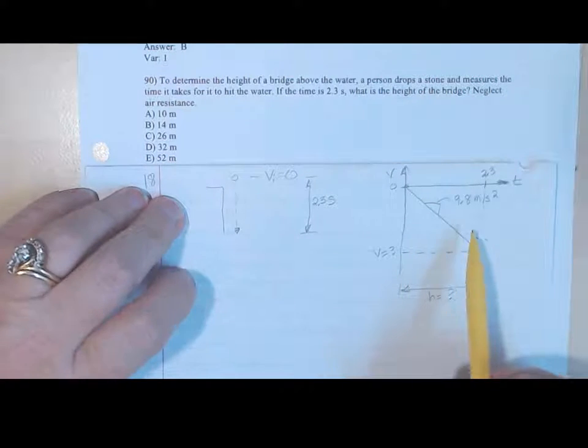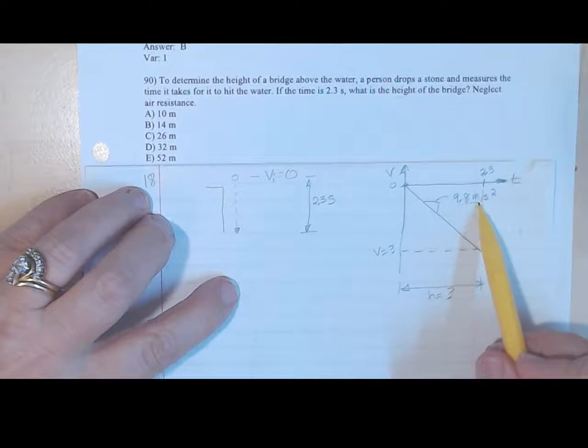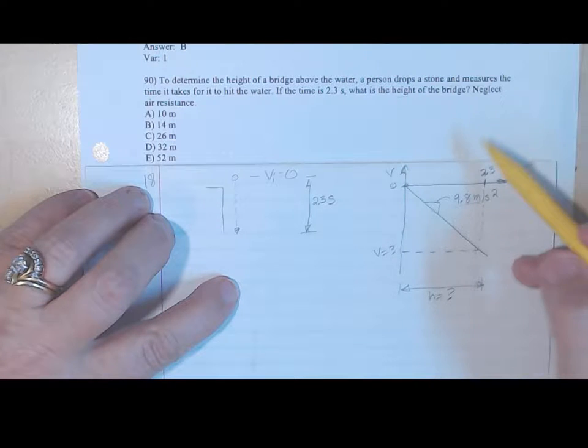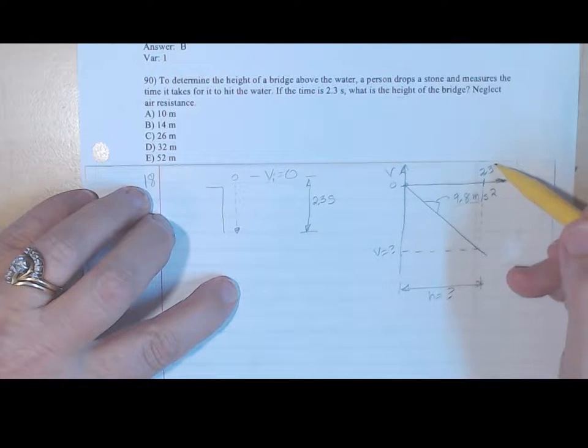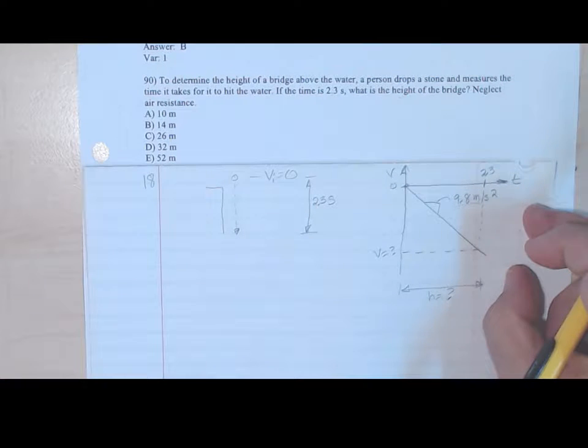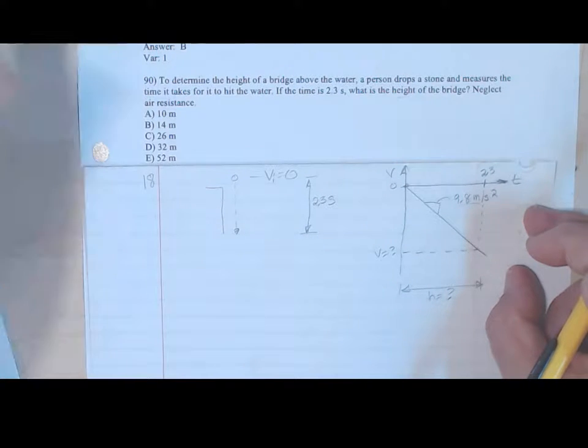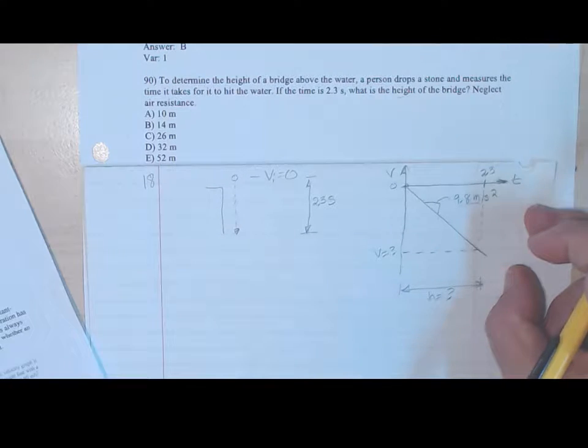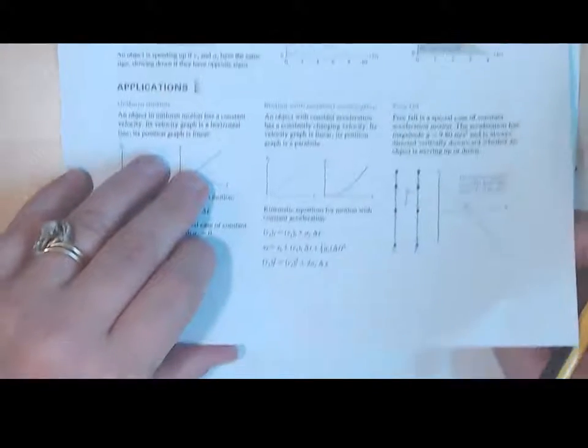Well, this should be pretty easy. I know my acceleration. I know the time. Do I know velocity? No. But do I know an equation that relates acceleration and distance and time? You should be pretty familiar with this equation by now because we've used it a couple of times.